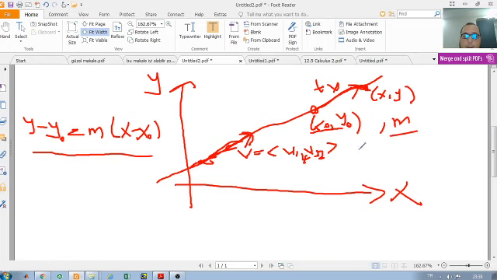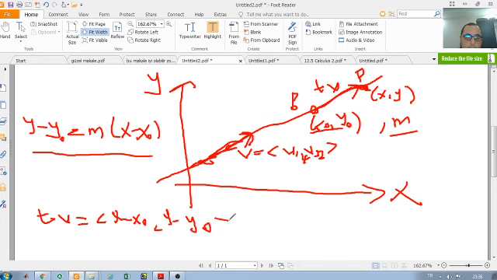So from here we can write t times v is equal to the vector from the point p0 to p, which is the terminal point of the vector t times v. The components of this vector can be found by taking the difference of the points p and p0, written as x minus x0, y minus y0.